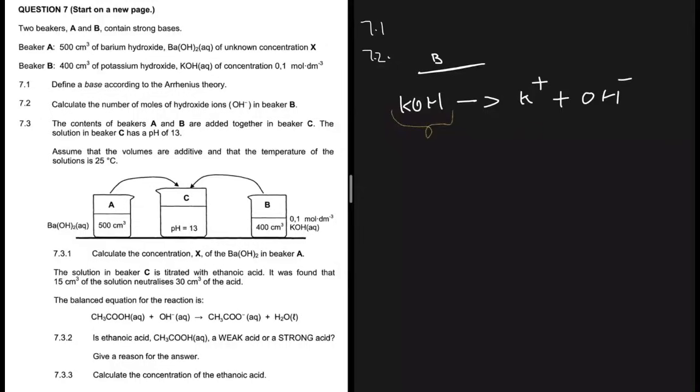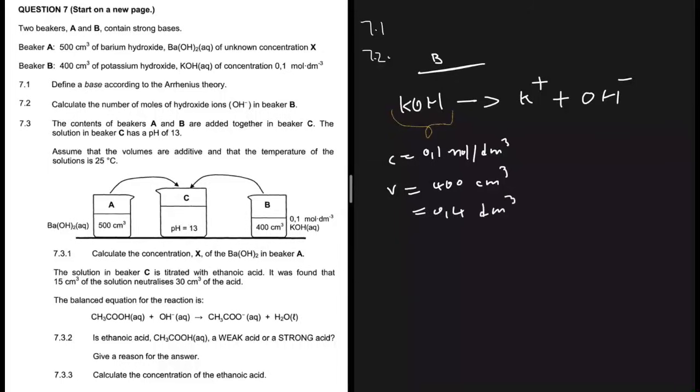So let's go ahead and do that. The concentration is equal to 0.1 moles per decimeter cube, and the volume is given as 400 centimeter cube, which we have to convert to decimeter cube. We divide by 1,000, so we get 0.4 decimeter cube.